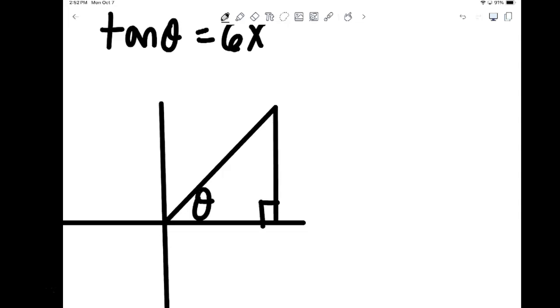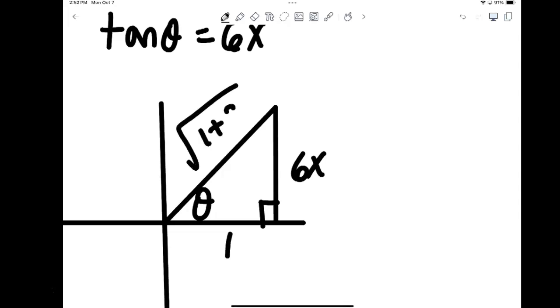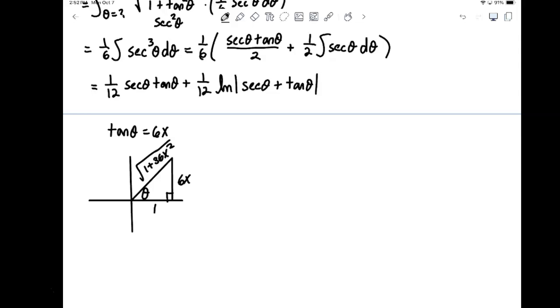So tangent of theta, remember tangent is opposite over adjacent. So opposite is 6x, over the adjacent, which is 1. And we use the Pythagorean theorem to find the hypotenuse. It would be the square root of the sum of the squares, so the square root of 1 plus 36x squared. Okay, and now with the picture, we're ready to compute our secants and tangents, and then we're ready to evaluate it.